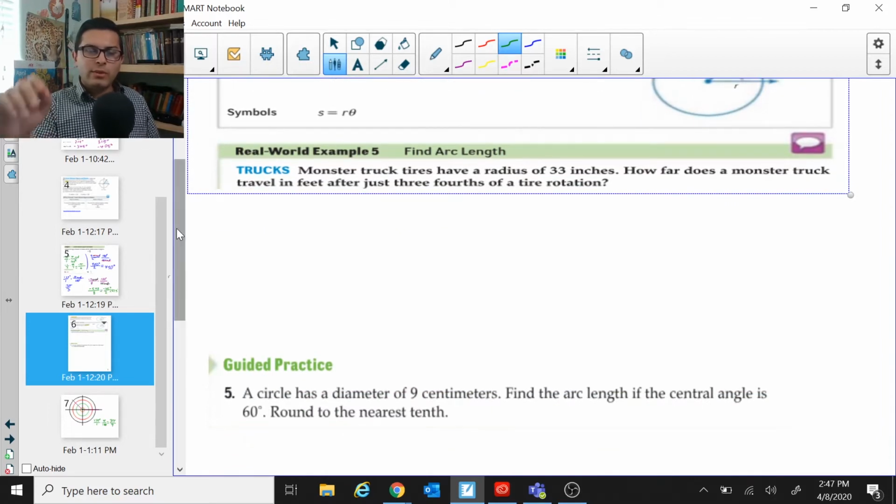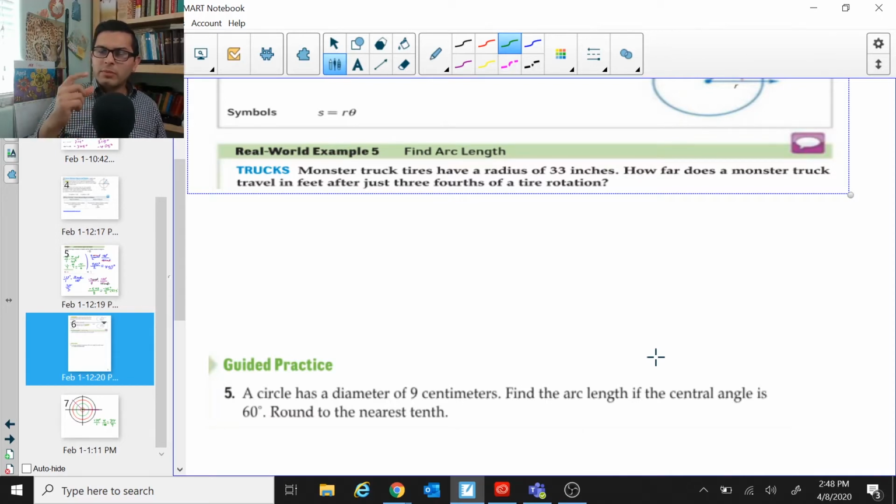Monster truck tires have a radius of 33 inches. So we have the r. How far does a monster truck travel in feet after just 3/4 of a tire rotation? So this one is a little bit tricky, but let's think about this for a second. What actually is happening? I want you to imagine as a tire is rotating, the only distance that a vehicle can travel is when the tire is actually touching the ground.